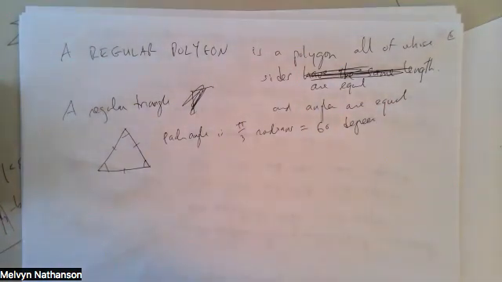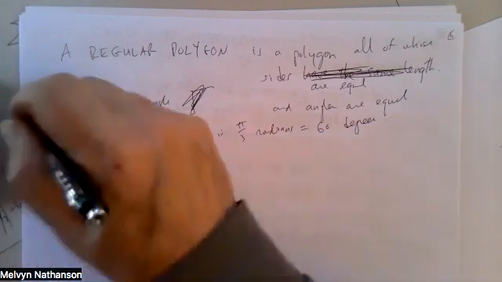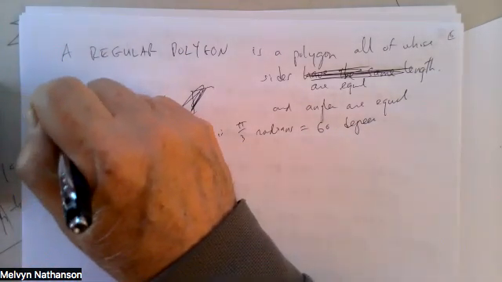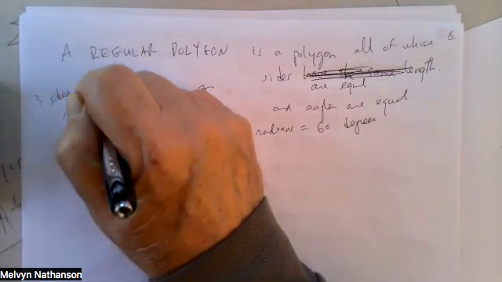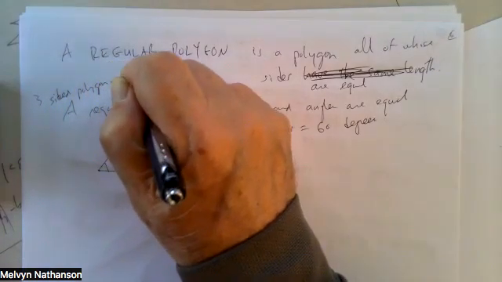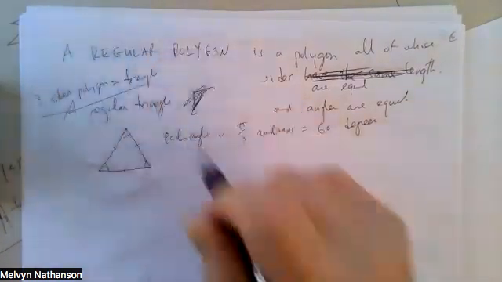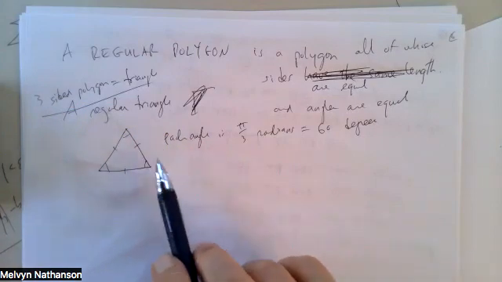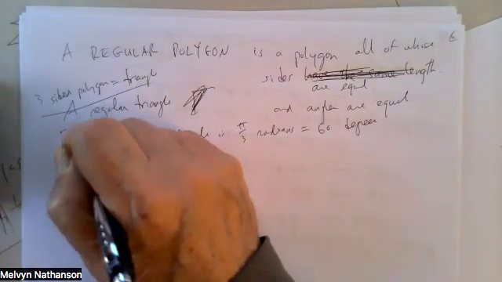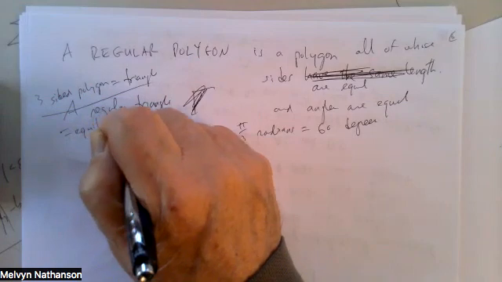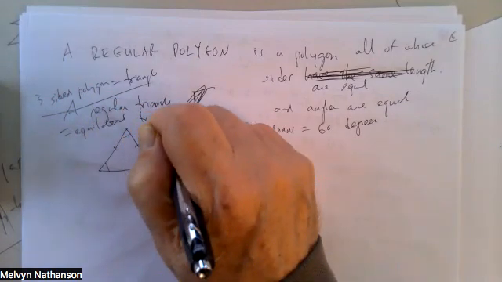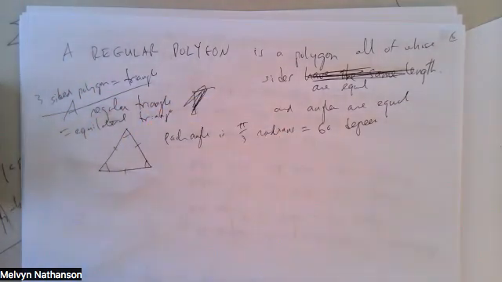That's a regular three-sided figure. A three-sided polygon is a triangle. And a regular triangle is what we also call an equilateral triangle. All the sides and angles are equal.